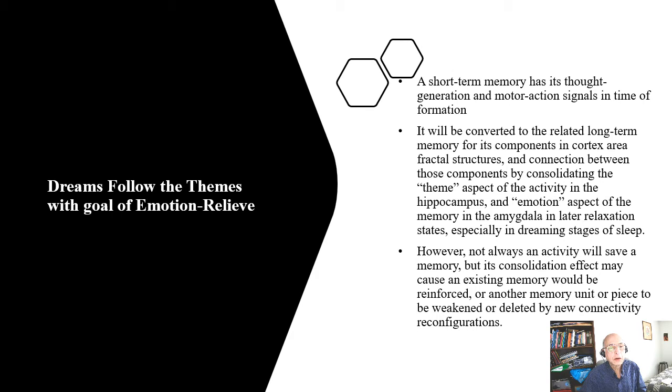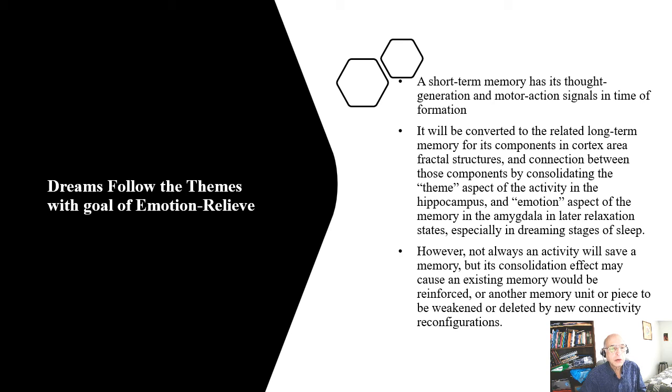The connection between these consolidated memory units, as already explained, will be made by theme memories in the hippocampus and emotion memories in the amygdala, which happen in a later relaxation state.